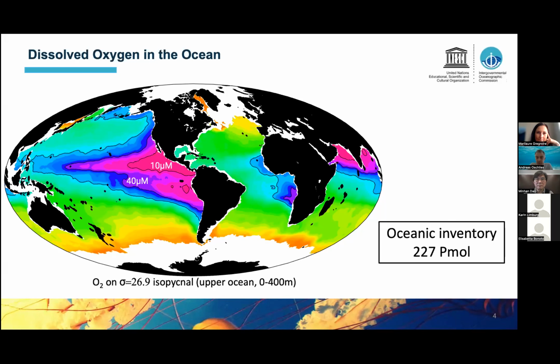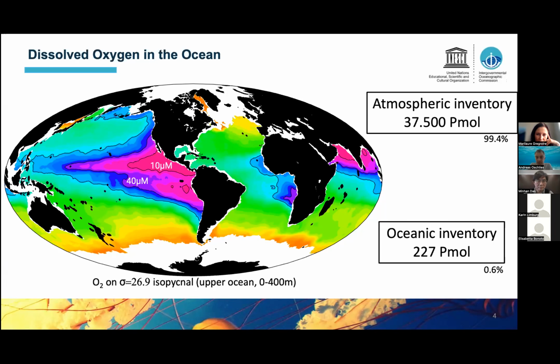The ocean overall contains only a minor component of the free oxygen in the Earth system: about 0.6% of the oxygen, and 99.4% is in the atmosphere. So the atmosphere is the main reservoir of oxygen, and it's connected via the sea surface to the ocean.